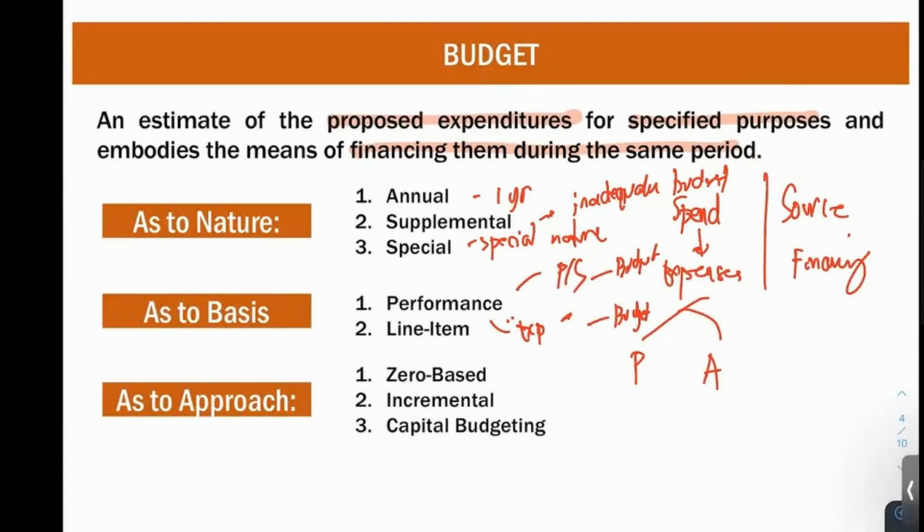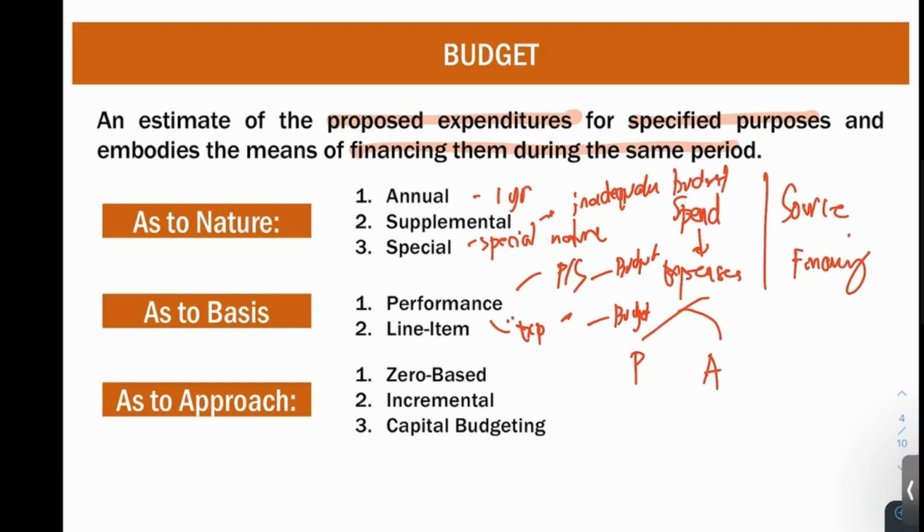Next, as to approach. Zero-based budgeting. We already discussed zero-based budgeting. We don't look into any other consideration. No systematic consideration. Just look into your priority programs and activities. Next, we have your incremental approach.